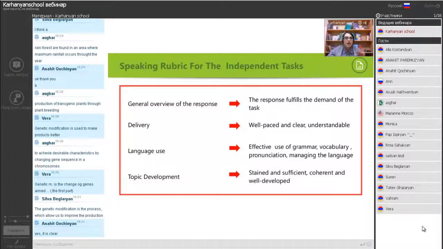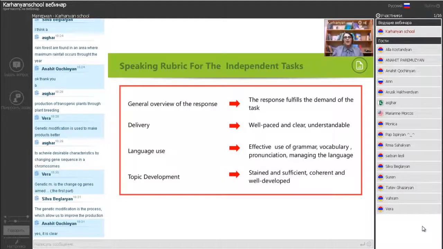And about the pace of speech, you mustn't hurry, but you mustn't be slow either. So the golden middle is okay here. Then language use: effective use of course, grammar, vocabulary, pronunciation. This is all about managing the language.